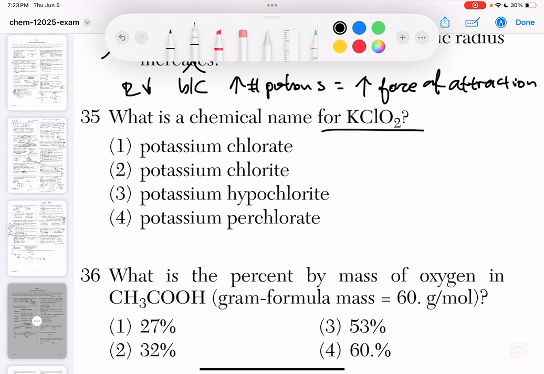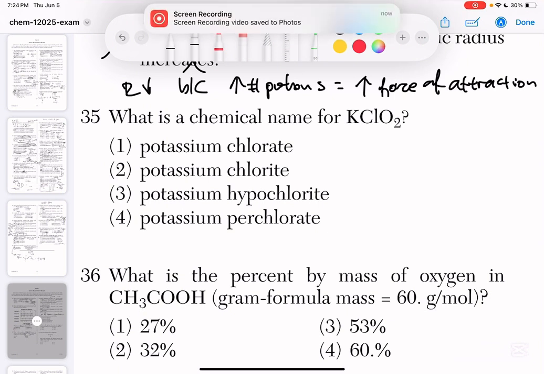Chemical name for KClO2. This is a polyatomic ion from table E. This one is called hypochlorite, that part itself. Okay, so chemical name for KClO2.